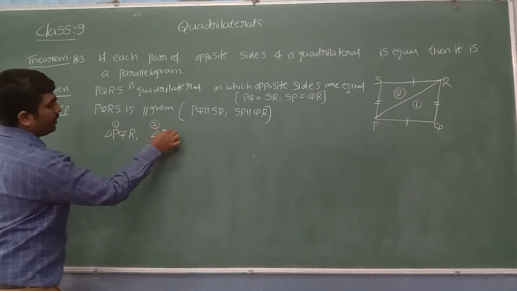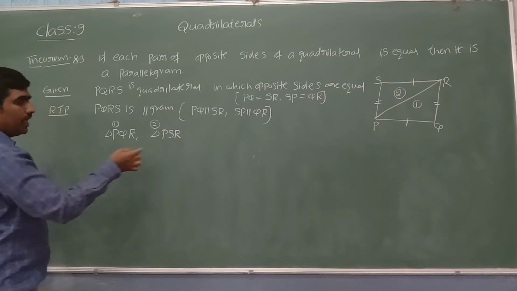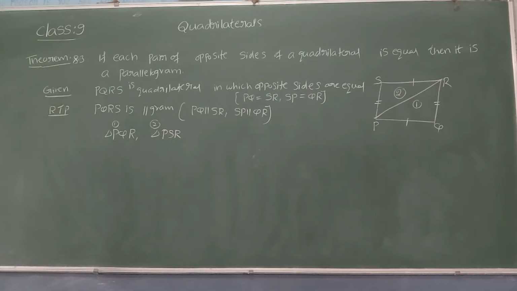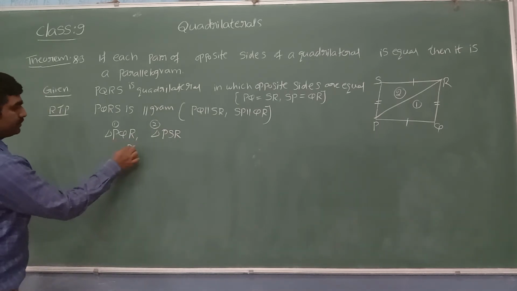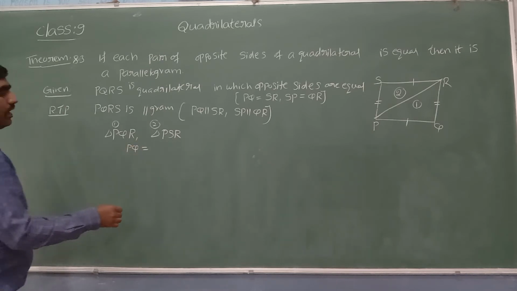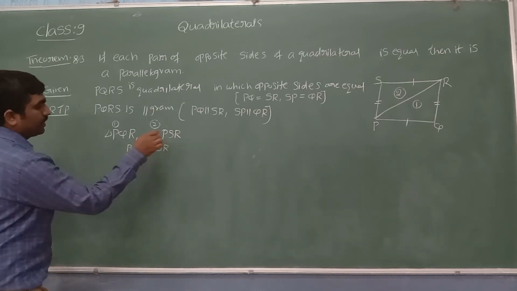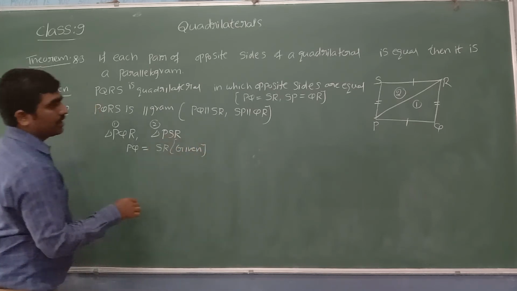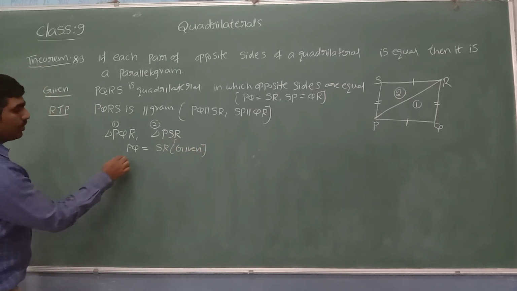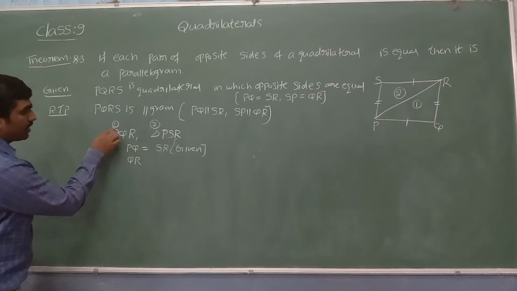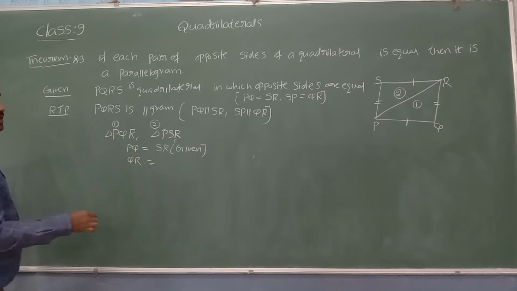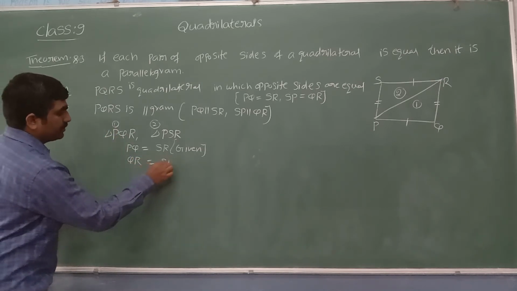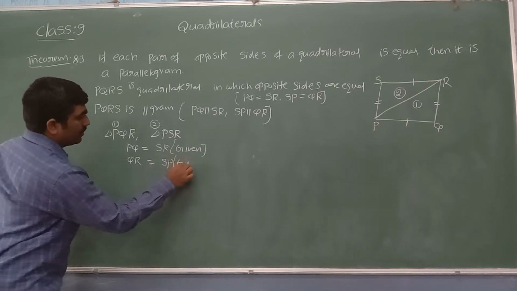Now let us write the equal parts. From the first triangle, side PQ is equal to side SR. The reason is the given in the question itself, given opposite sides are equal. First triangle side QR is equal to second triangle side SP. This is also the given data.